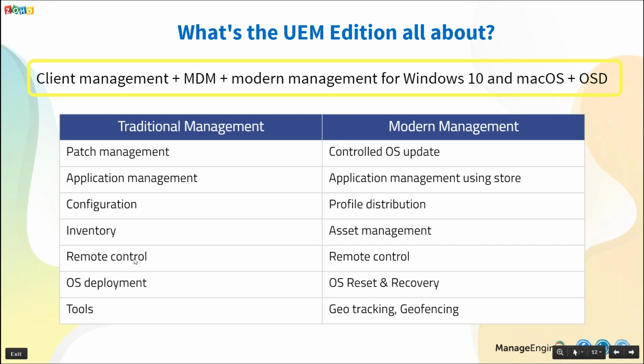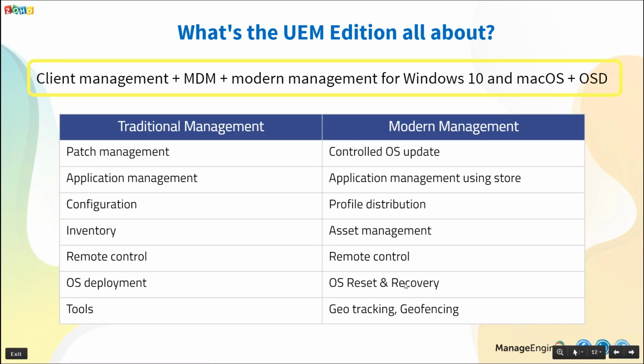Similarly, endpoints can also be managed with modern management. All modern operating systems support modern management. It supports features like geo-tracking, geo-fencing, managing store applications, profile distributions, enforcing restrictions on operating systems, reset, and recovery.